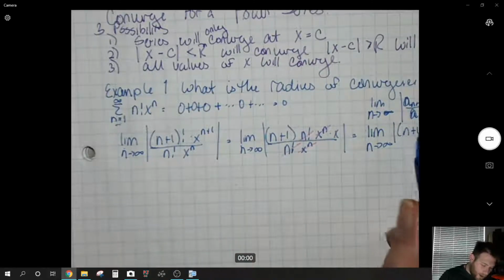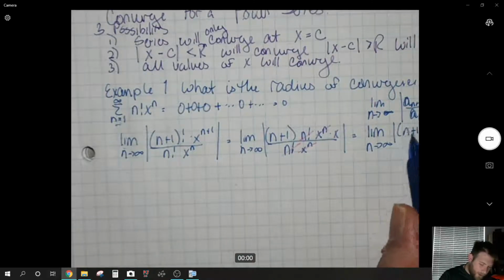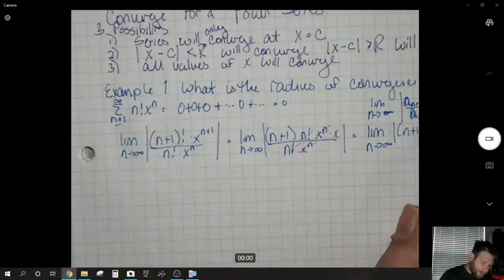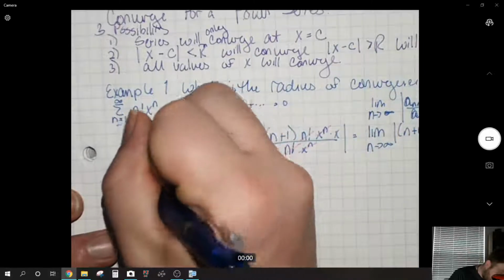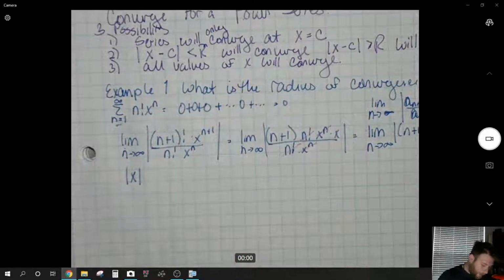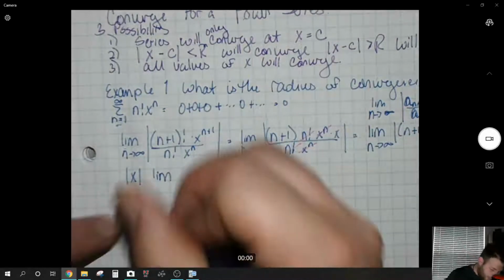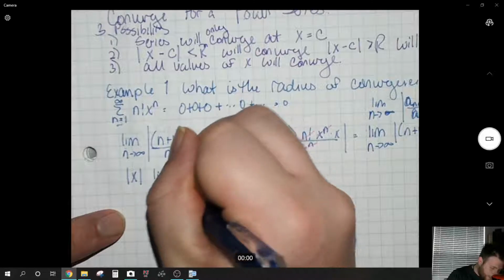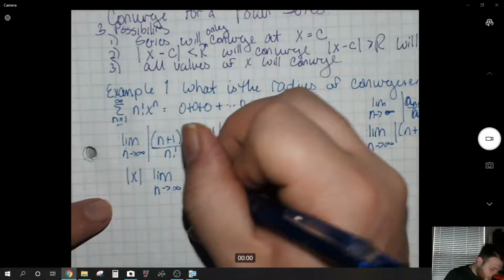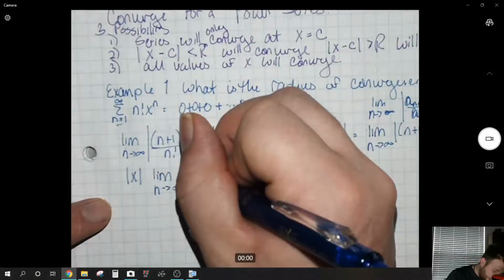Now I know the n plus 1 piece is always positive, and we don't know necessarily what the value of x is, but x is constant. We're going to think about this individually. So what happens at x equals -2? What happens at x equals positive 100? We have to consider every single value.